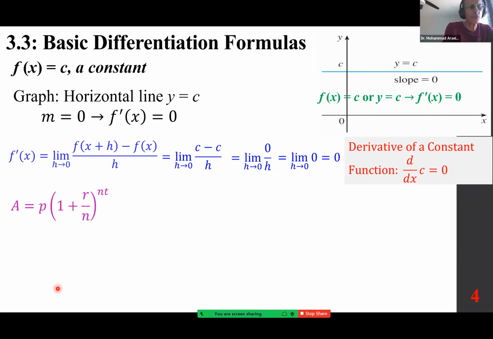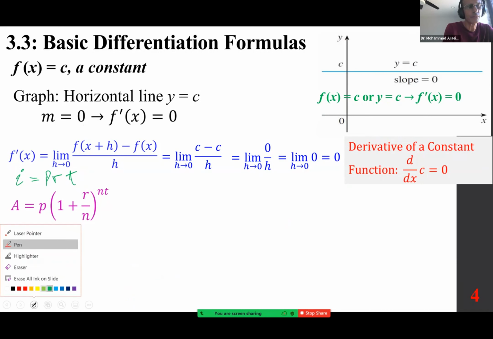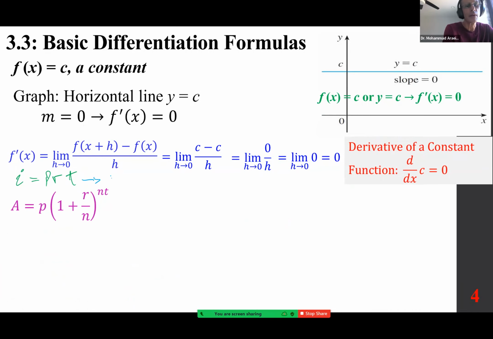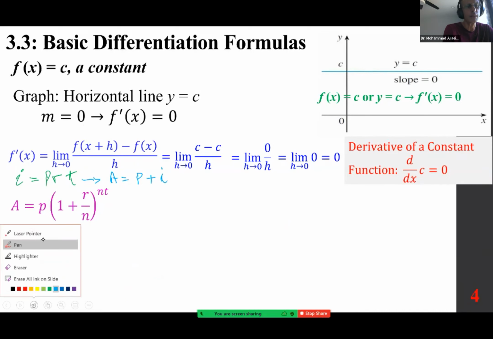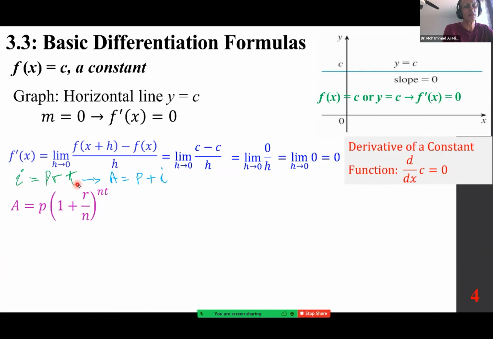I want to remind you of the interest formula that we learned. I equals PRT. We learned it in algebra. And the amount is the sum of the P and I. So I is the interest, P is the principal, R is the rate, T is the time.